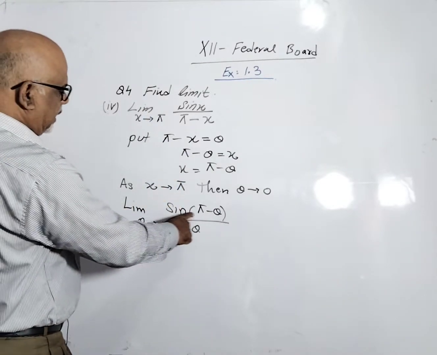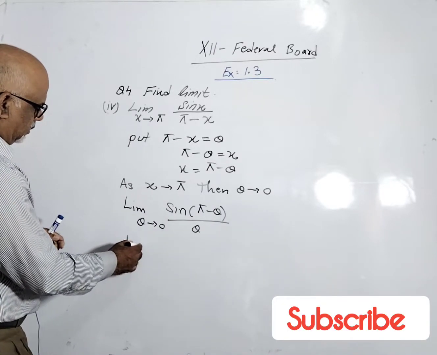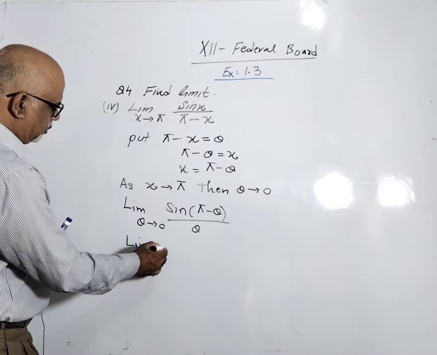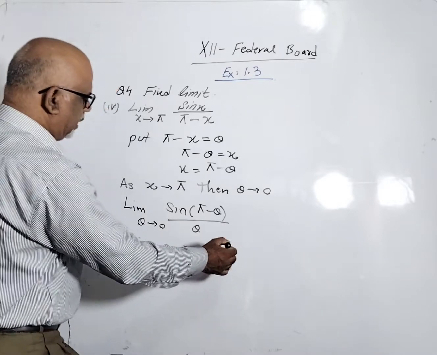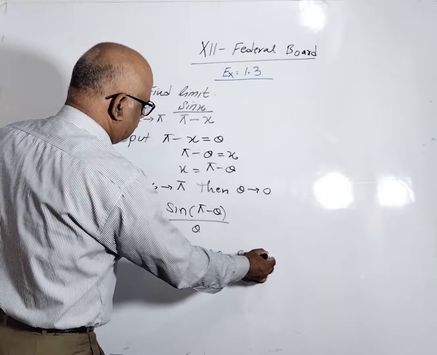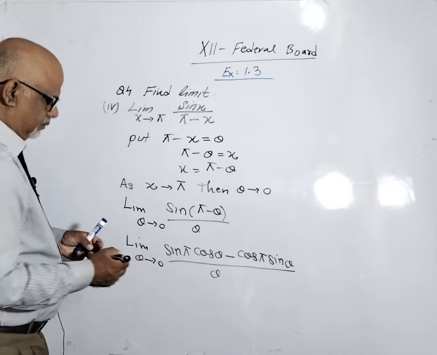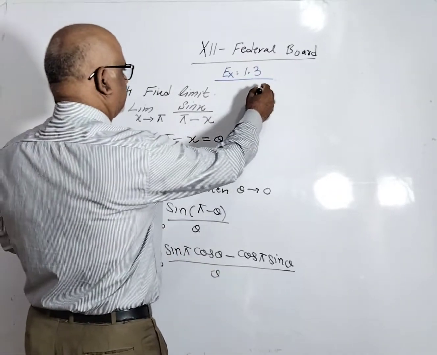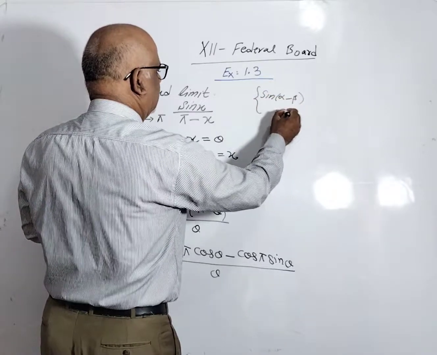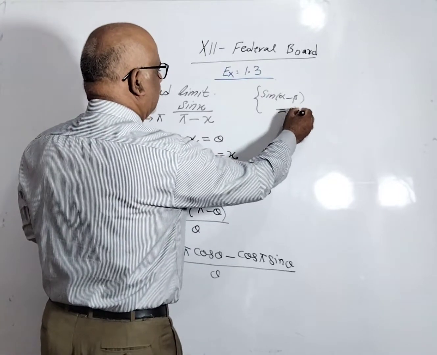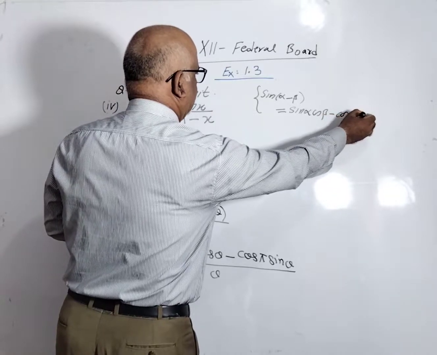Now here we have to apply sin alpha minus beta: limit theta tends to 0 of sin alpha cos beta minus cos alpha sin beta. We have to apply the formula here, that is sin alpha minus beta equals sin alpha cos beta minus cos alpha sin beta.